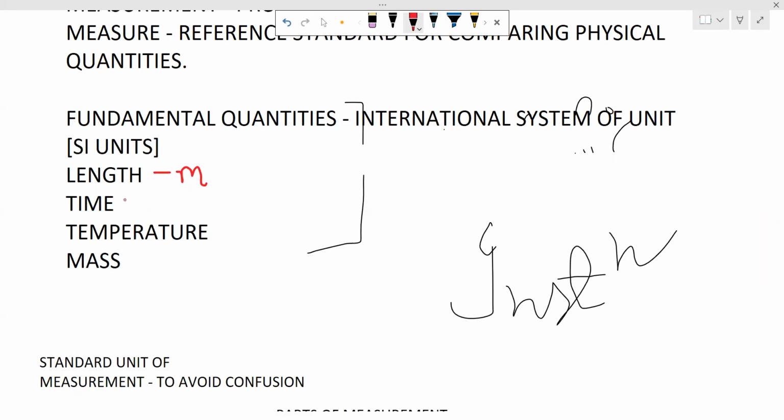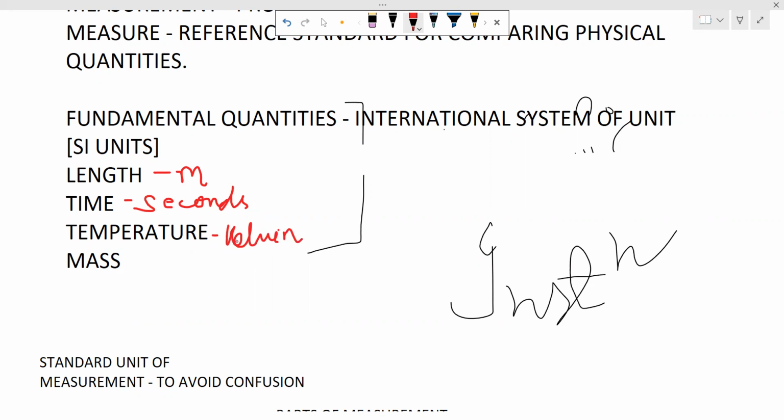The international system unit for time is seconds. The international system unit for temperature is Kelvin, not degree Celsius, not Fahrenheit. Kelvin is one more unit for temperature, and it is the SI unit of temperature.